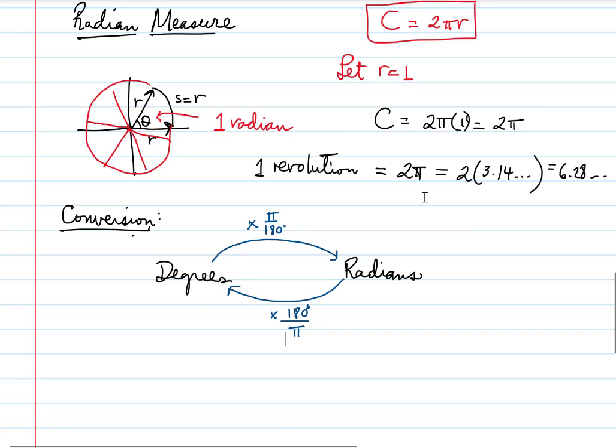Notice how going from degrees to radians, you want radians on top, so that's what you end up with at the end. Same thing from radians to degrees, you want to end up with degrees, so the degrees have got to be on top. The radians cancel out there, and we'll see a couple of examples, but that's basically all you have to do. Eventually we want to start thinking in radians, but you have this conversion factor to be able to go back and forth between the two.